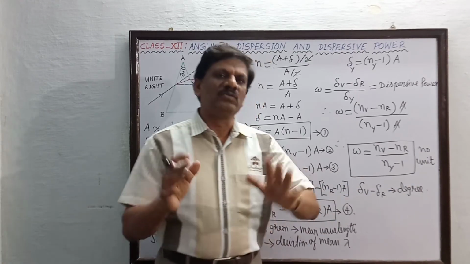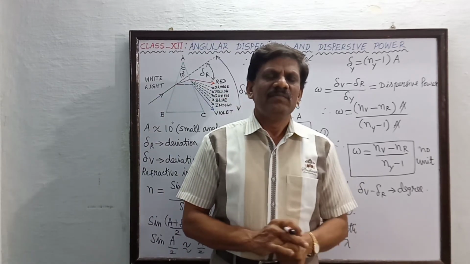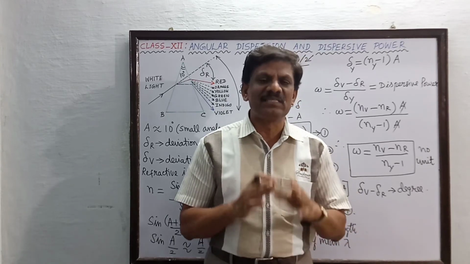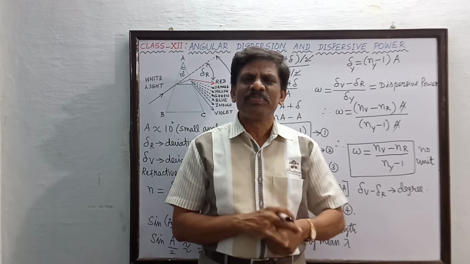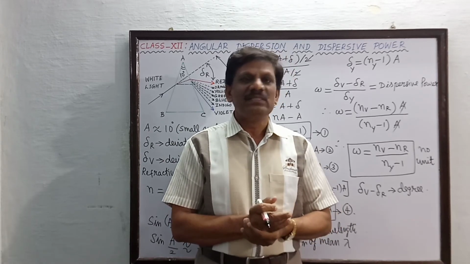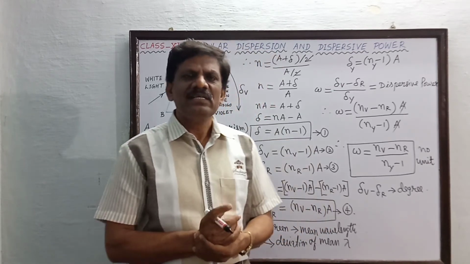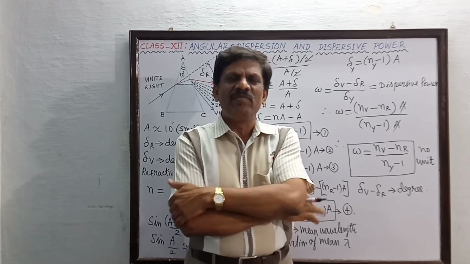So, my dear students, what are all the facts you must remember here? When a ray of white light is incident on a prism, it gets split into 7 colors, namely VIBGYOR, violet to red. The two extreme colors are violet and red. The deviation will be different for all the different colors. The deviation will be maximum for violet and minimum for red.